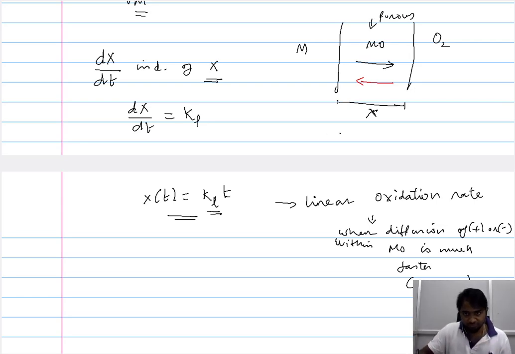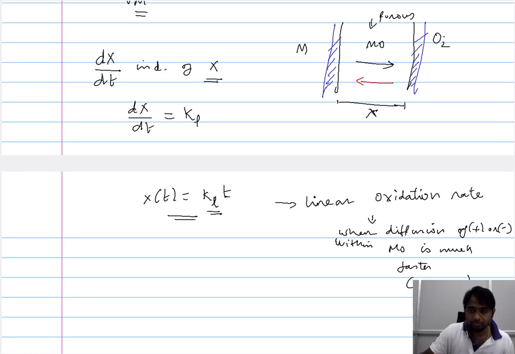One is the diffusion within the metal oxide. The other is the diffusion away from the metal oxide, or externally to the metal oxide. Only when you have a sufficient amount of metal present in this region, and also sufficient oxygen present in this region, would you have successful formation of metal oxide.